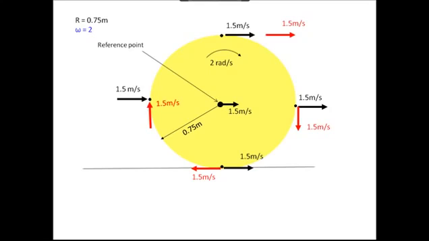So particularly for this type of problem where a wheel is rolling, the instantaneous center without solving the problem is known as the point which touches the ground. Now, we are going to take the same data. That is, radius is 0.75 meter, omega is 2, that is angular velocity is 2 radians per second, and this bottom point is the instantaneous center.